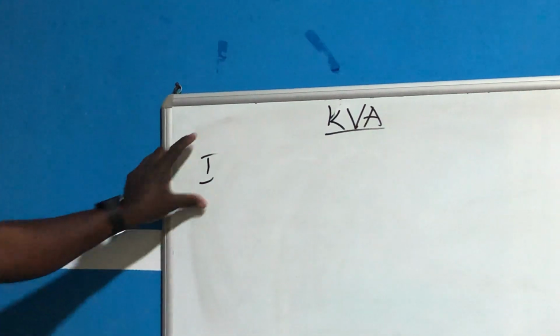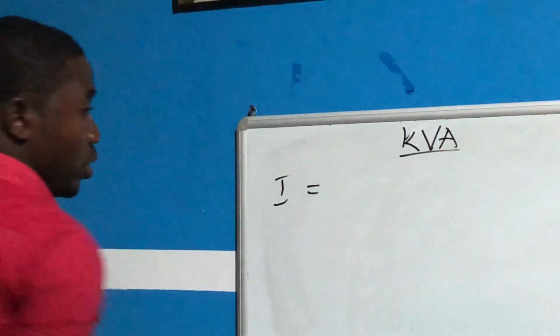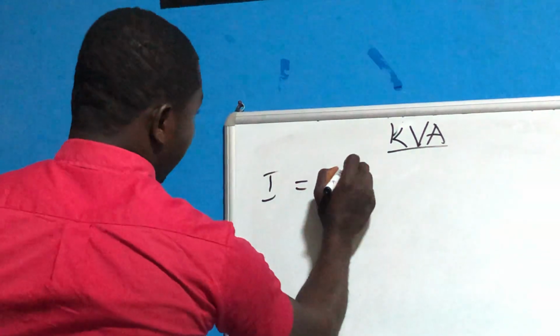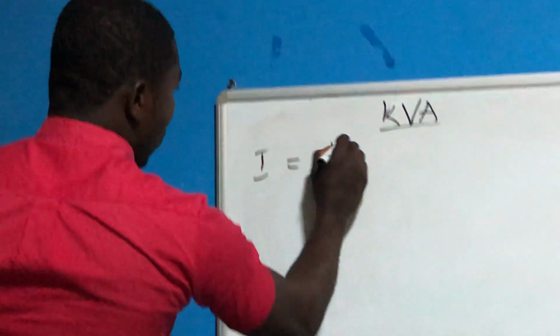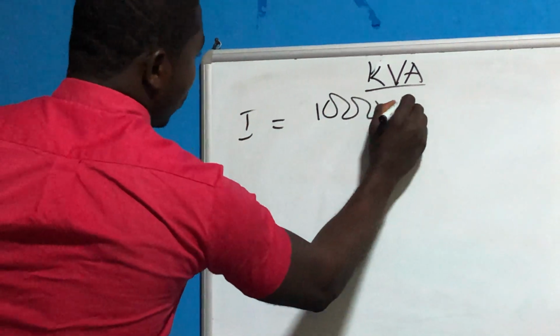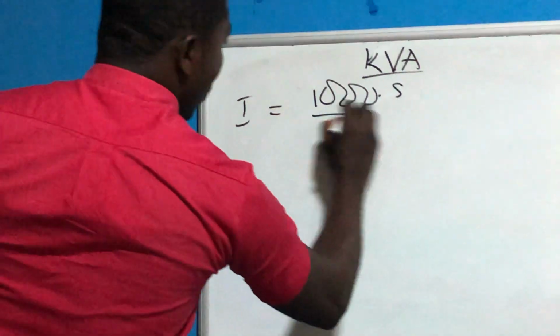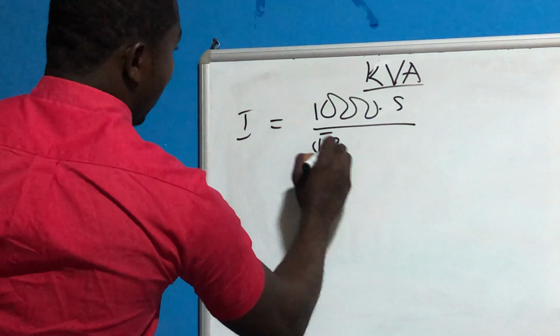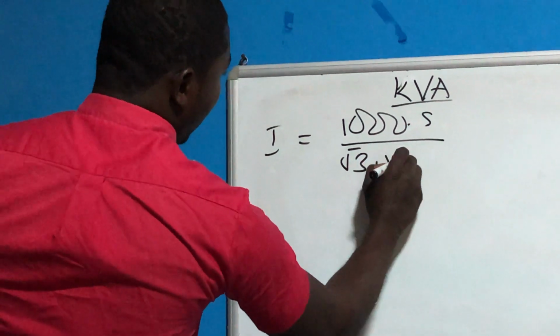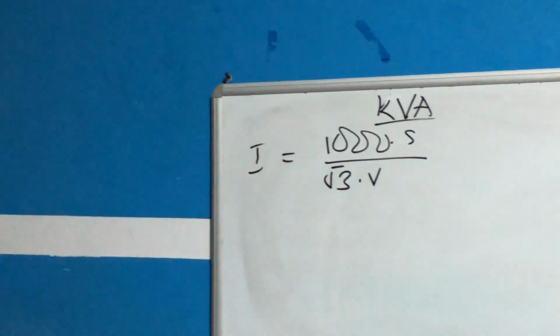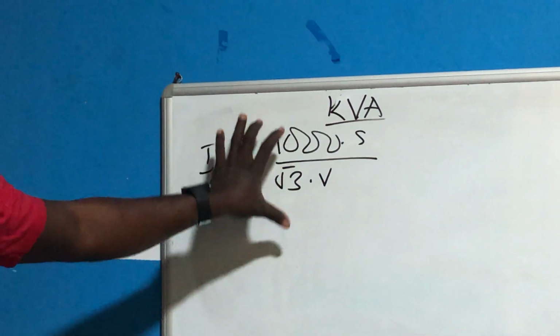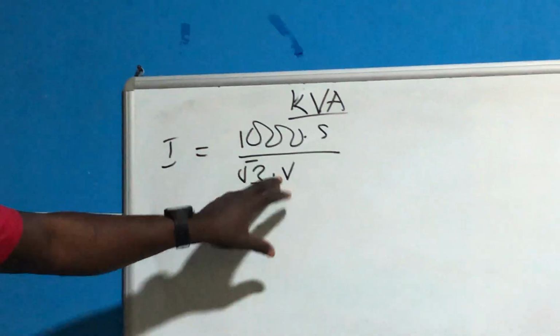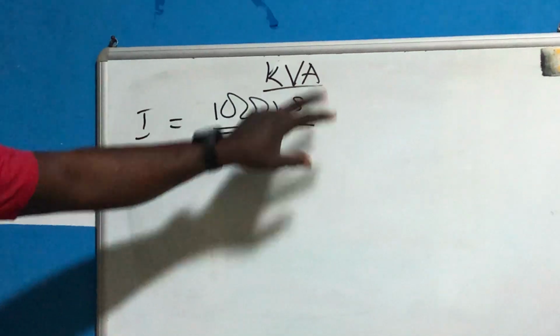Full load current I is equal to 1000 times S over square root of 3 times voltage. This is the formula if the generator is rated in kVA.